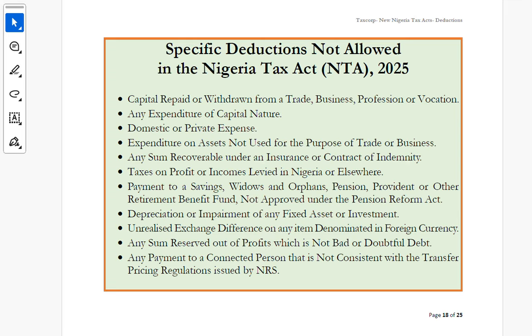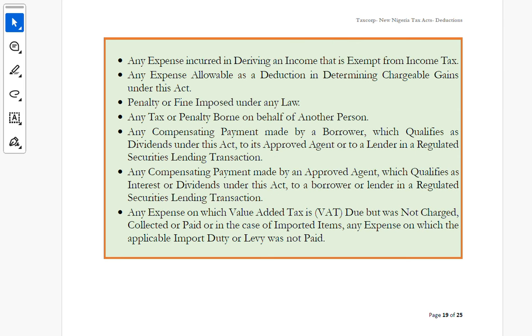Any sum reserved out of profit, which is not bad or doubtful debt. Any payment to a connected person that is not consistent with the transfer pricing regulation. Any expense incurred in deriving an income that is exempt from income tax. Any expense allowable as a deduction in determining chargeable gains under the Act.